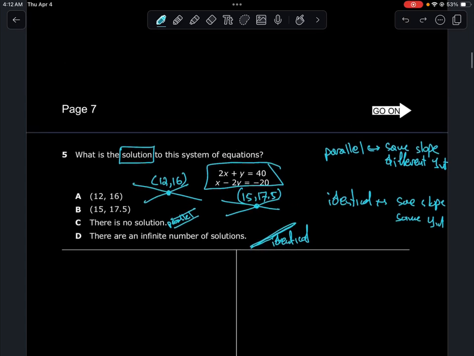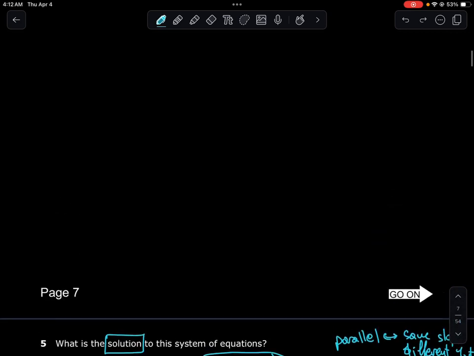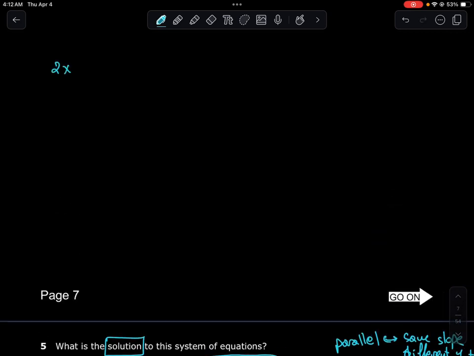Start with the first one, 2x plus y equals 40. And let's put it over here. Okay, well, we want y equals, that means y needs to be isolated. I'm going to do the standard method for that. We do PEMDAS to the left, PEMDAS to the right, cross the bridge and isolate, a way to say it.